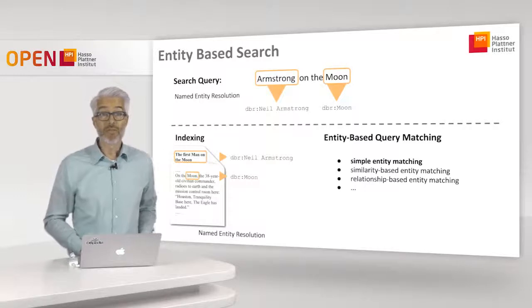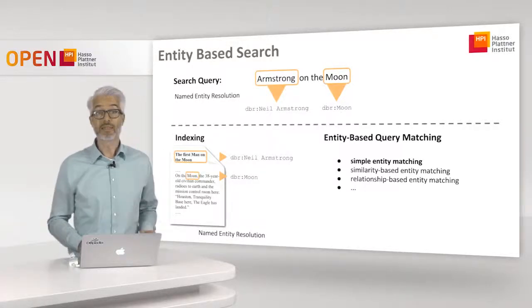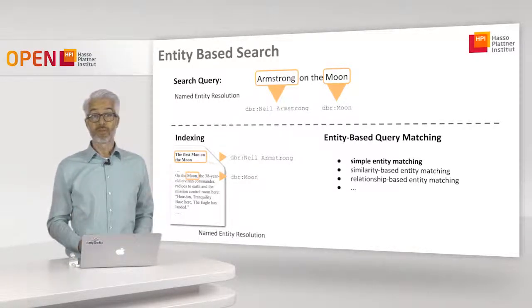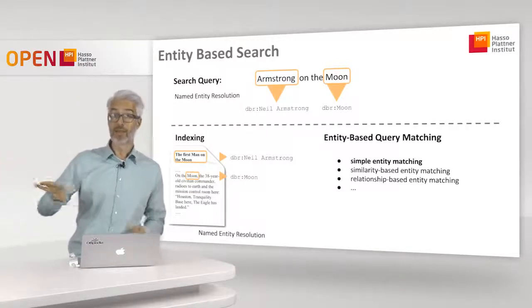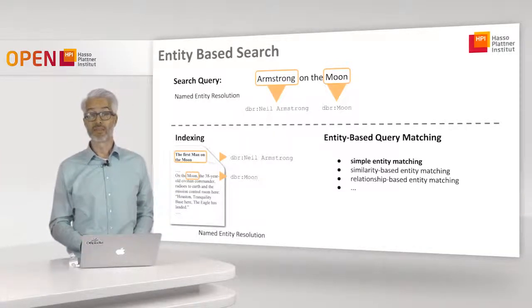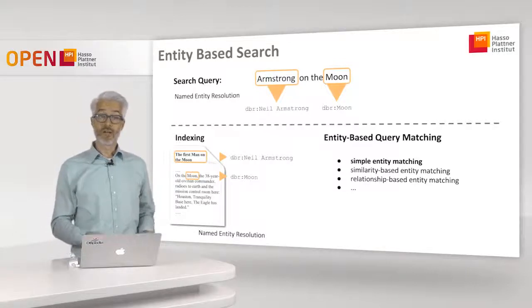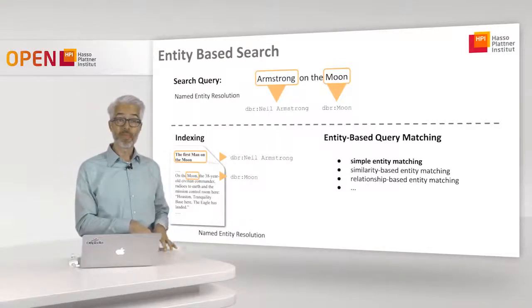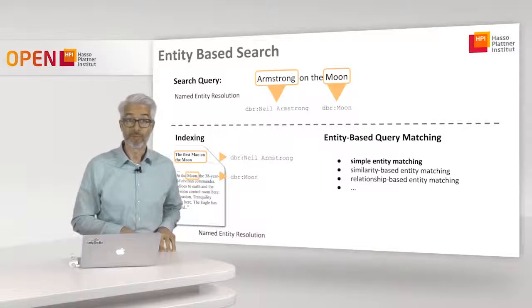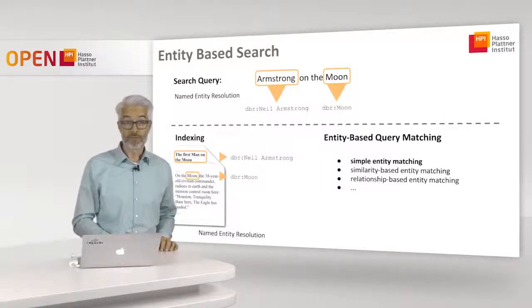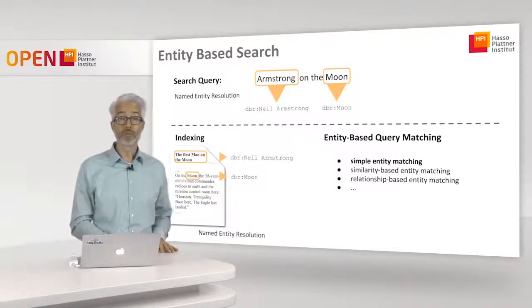Let's have a look at entity-based search first. For entity-based search, I would annotate my document corpus with semantic entities, and I would also analyze my search query accordingly. So try to imagine the following search: I look for Armstrong on the moon.